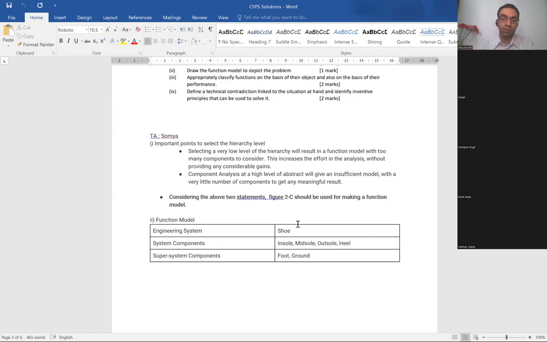Remember we talked about the function of an open door? What is the function of an open door? Nothing. There is no touch happening. So if you have violated this principle anywhere or have not clearly defined the function, we have deducted marks. Otherwise you got the marks.